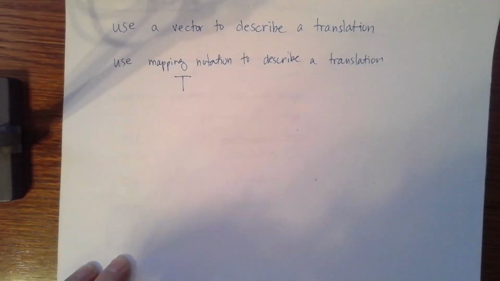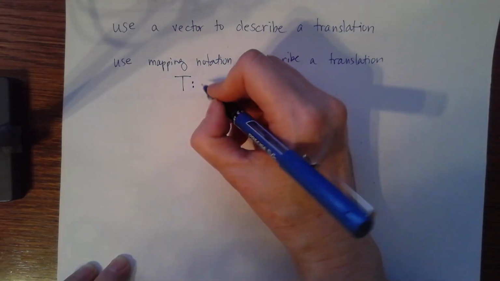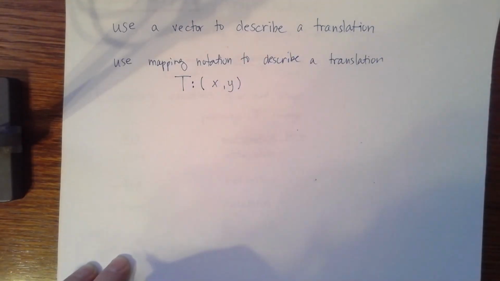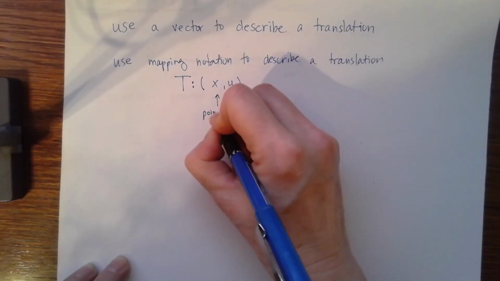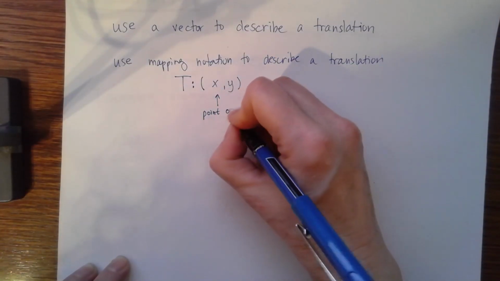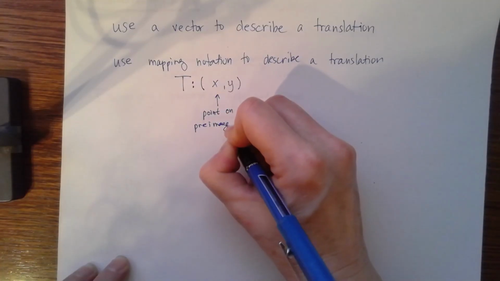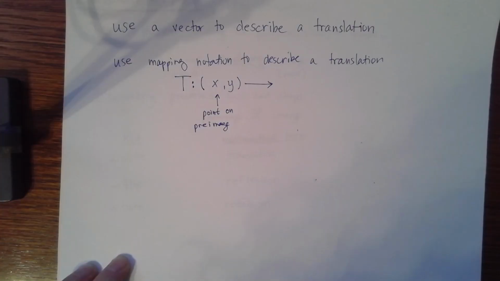It has T for transformation, and then we describe the transformation. We put a general point, x, y, an arbitrary point on the pre-image, and then we draw a little arrow to show that the point is being transformed.